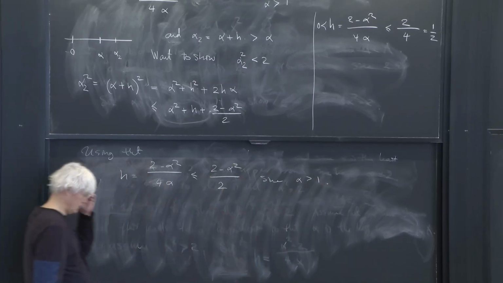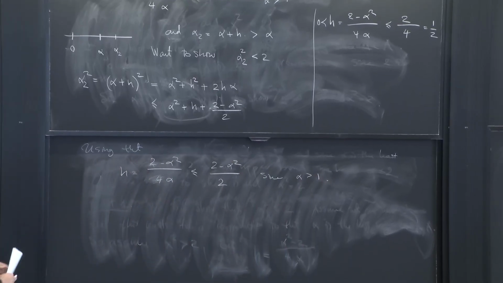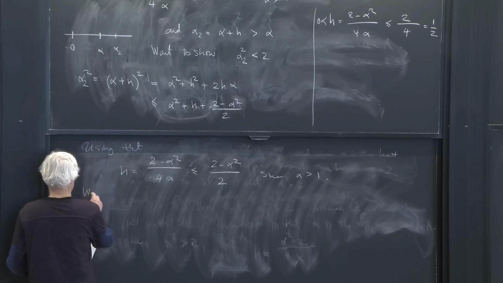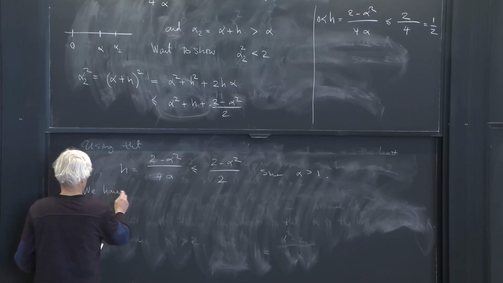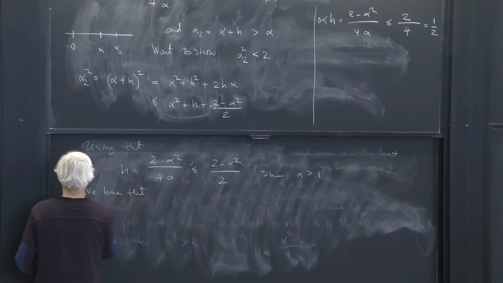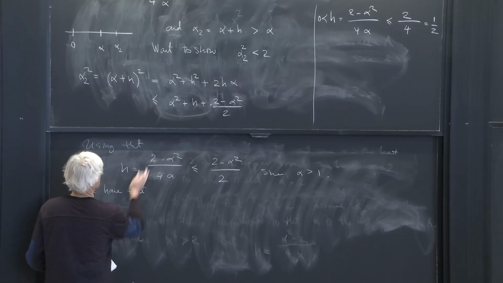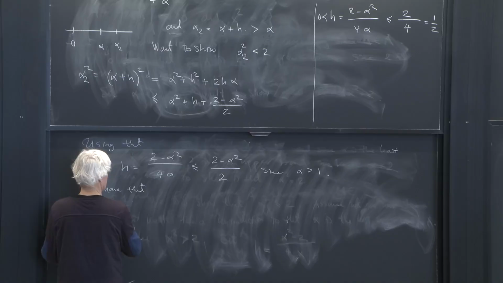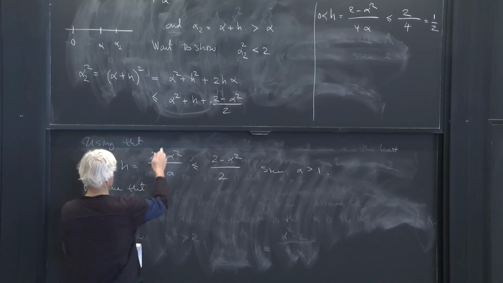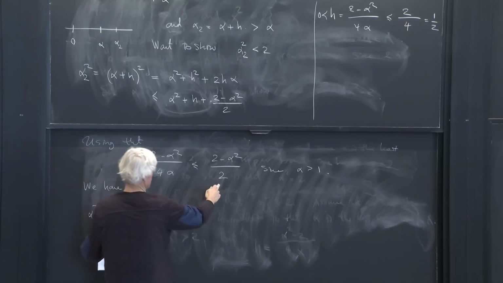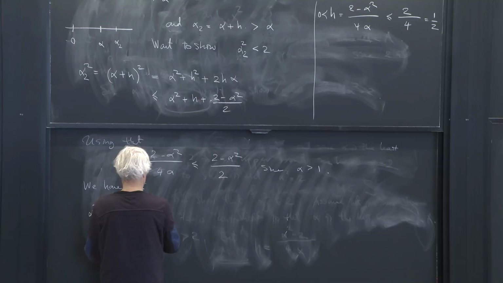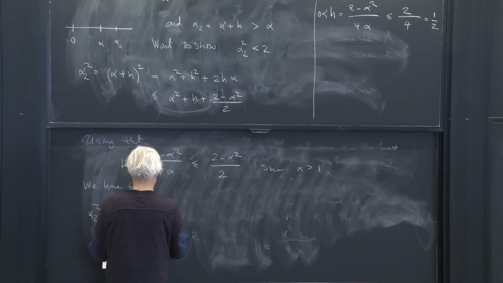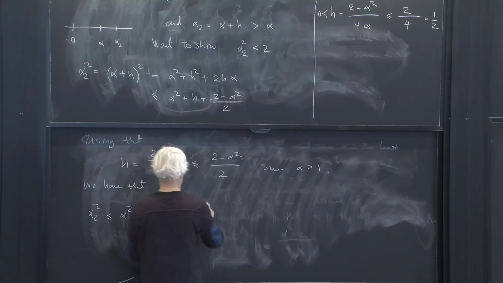Right, so I have that. So using that, we have that alpha 2 squared is less or equal to, let me just write that line, I'm just filling in, alpha squared, then for h I'm using this inequality, (2 minus alpha squared) over 2, and then I have the same thing again.